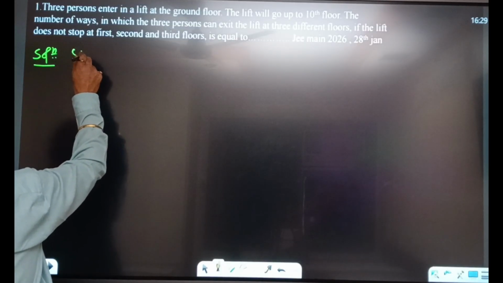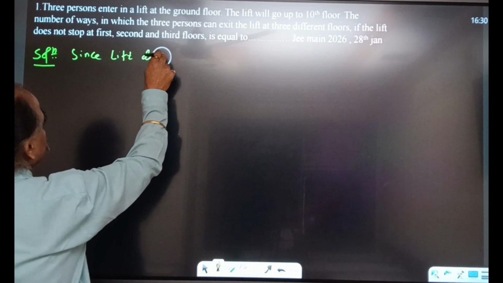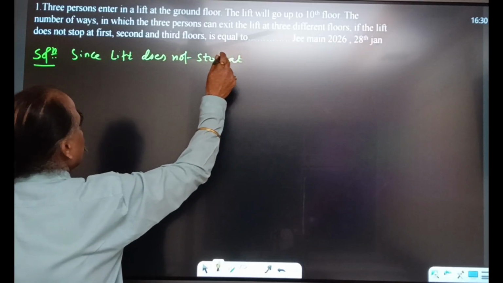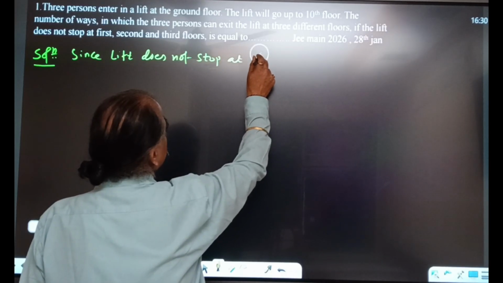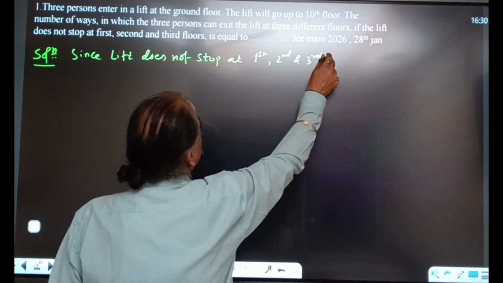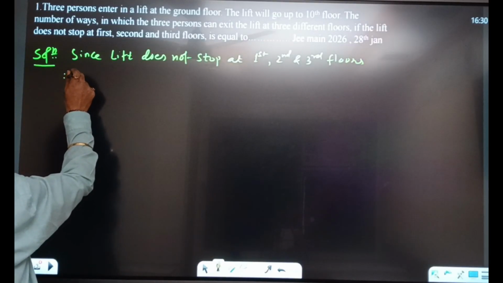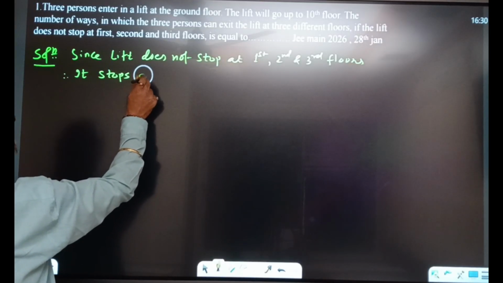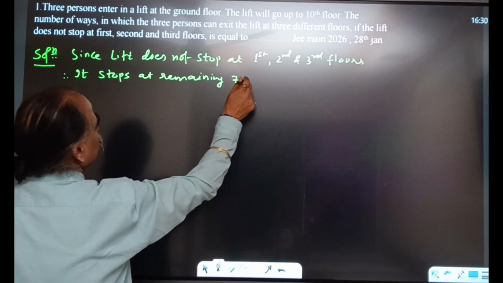Since the lift does not stop at first, second, and third floors, therefore it stops at the remaining 7 floors.